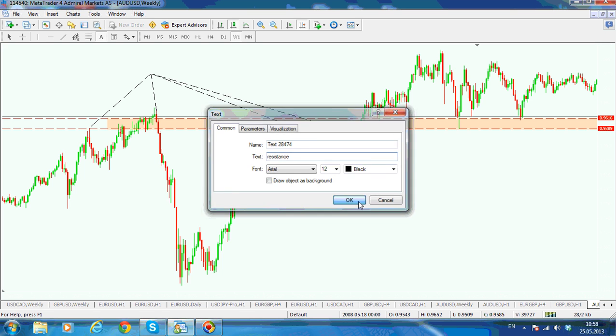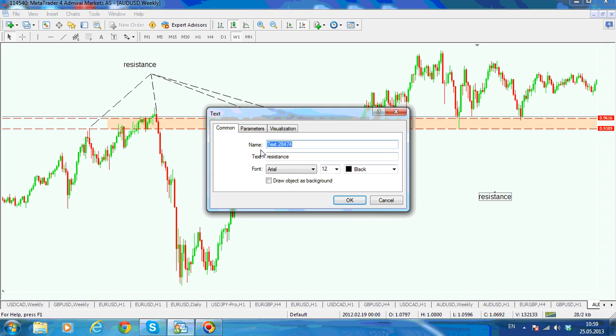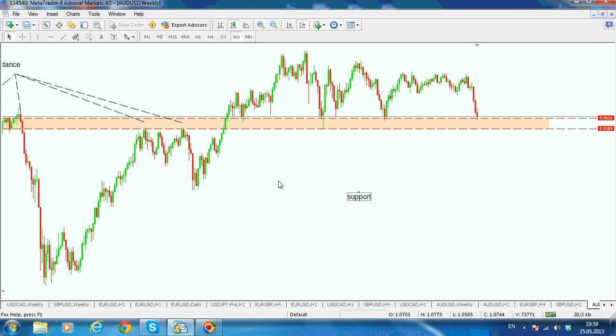Once broken, it becomes support, and as you can see, after it has been broken to the upside, now we're having the first time here it becomes support, second time, third time, and like a charm, this is the fourth time that this area is proving to be a support.